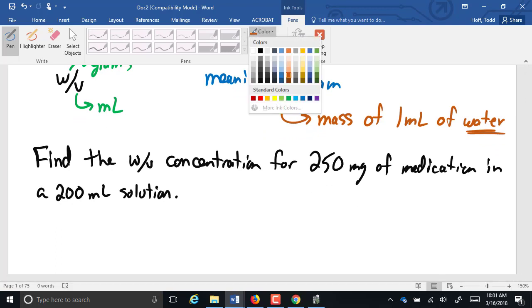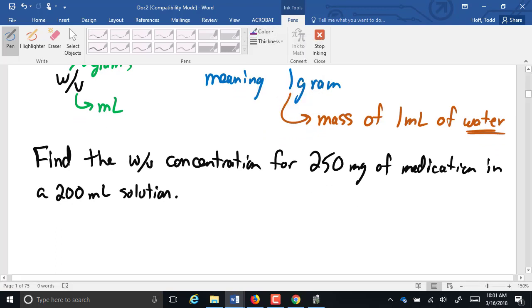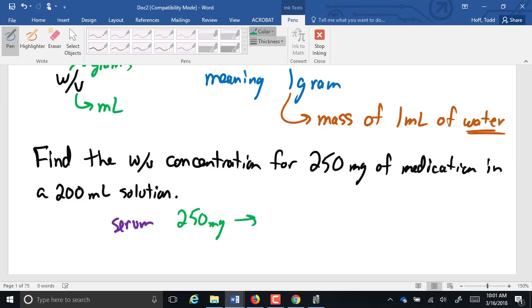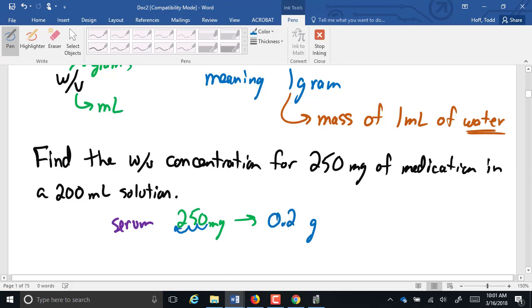Well, recall, the medication or the serum has to be measured in what units? Grams. So we're going to take our 250 milligrams and we have to convert it into what? Grams, which would be how much? That is correct. 3 spaces over. That's 0.25 grams.